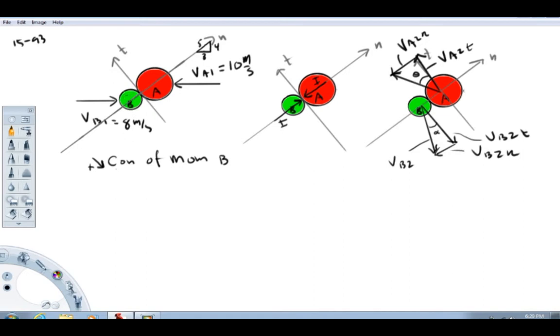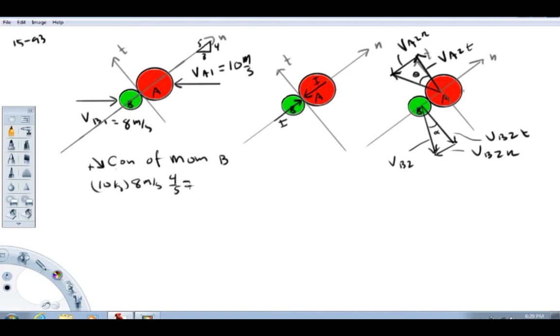Mass B is 10 kilograms times 8 meters per second. I want the component of that momentum in the tangential direction. Here's an angle theta, and it's the same as this little angle right here. So that's mv sine theta, and looking at this picture, sine theta is 4/5.